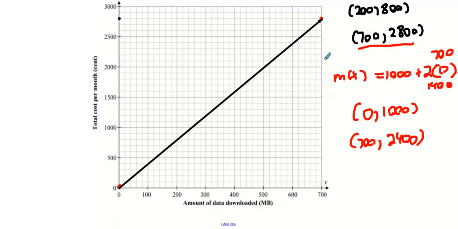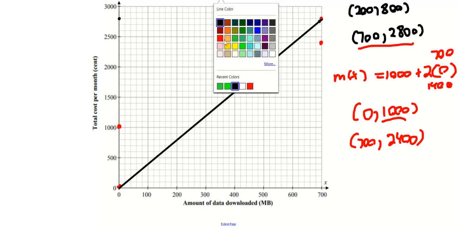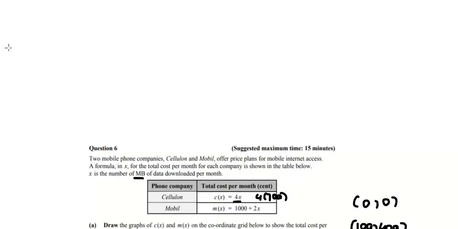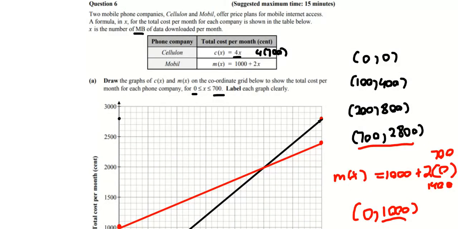So it's going to be 7, 2400. So 2100, 2200, 2300, 2400. And it starts at 0, 1000, which is here. So the red line will represent M of X. Now, we've successfully drawn both graphs.